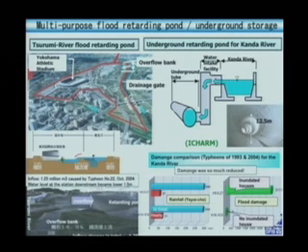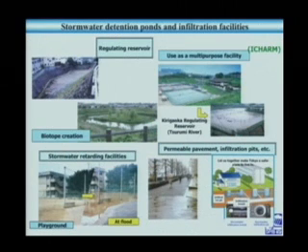And we have various kinds of flood control facilities like this: stormwater detention ponds and infiltration facilities in urban areas, regulating reservoirs, stormwater retarding facilities, permeable pavement, infiltration pits, etc. So in the rainy season or flooding situations, those facilities are effective for reducing flood peaks and so on.